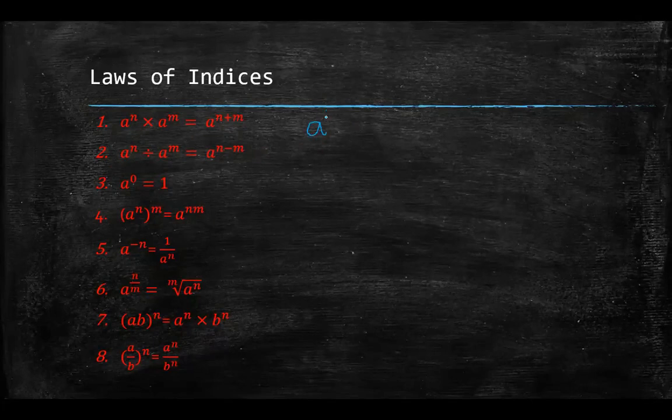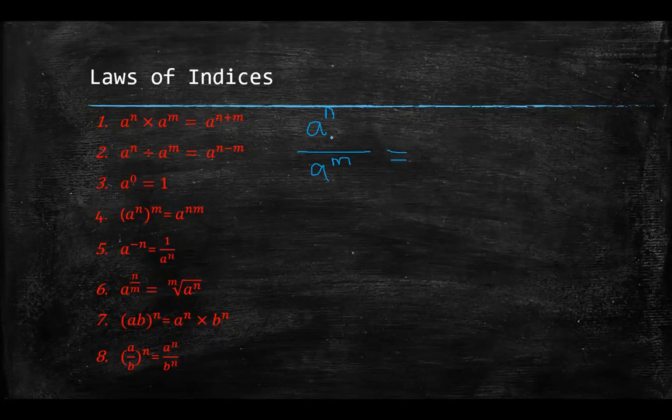According to this rule, remember, same base, these numbers have to be the same. The bases must be the same in order for this rule to apply. If the bases are not the same, this rule will not apply. Okay, I need you to remember that.